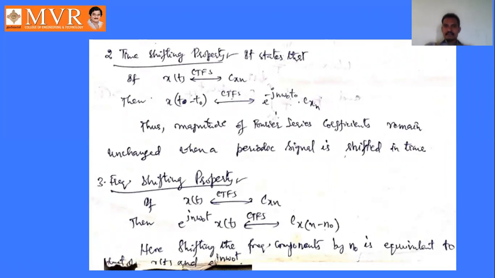How is it stated: if the continuous time Fourier series of x of t is Cxn, then for the time shifting property, t will be shifted towards the right or left by t naught units.